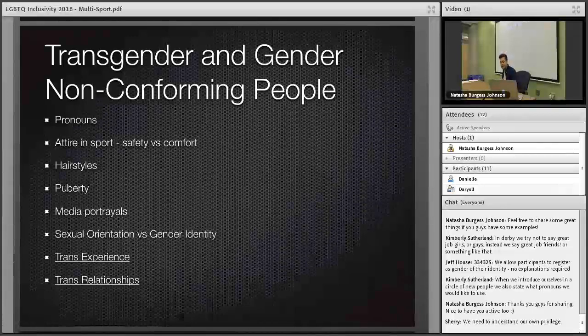Media portrayals: until very recently, there were no portrayals in the media. You couldn't find a trans person in any TV show or movie unless it was set in the 80s and they were dying of AIDS, or if they were a prostitute. Those are literally the only examples of a trans person in media up until very, very recently.